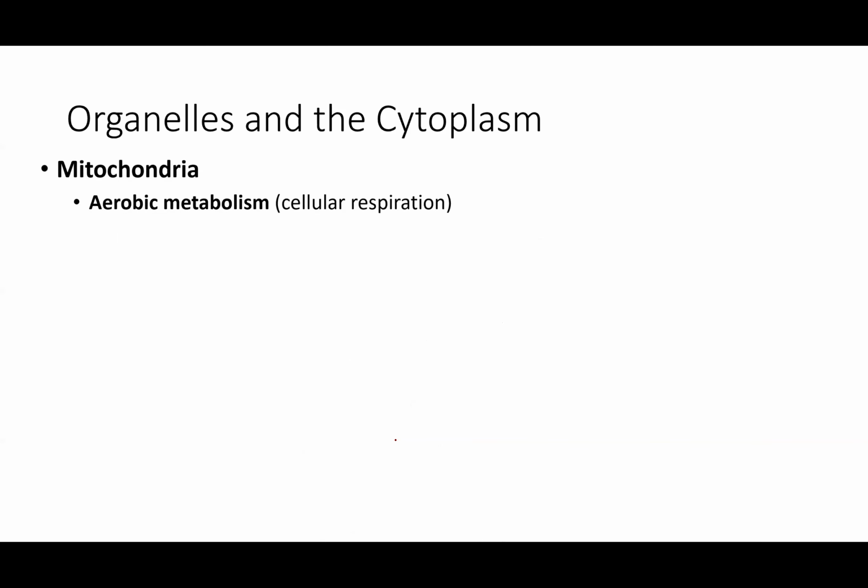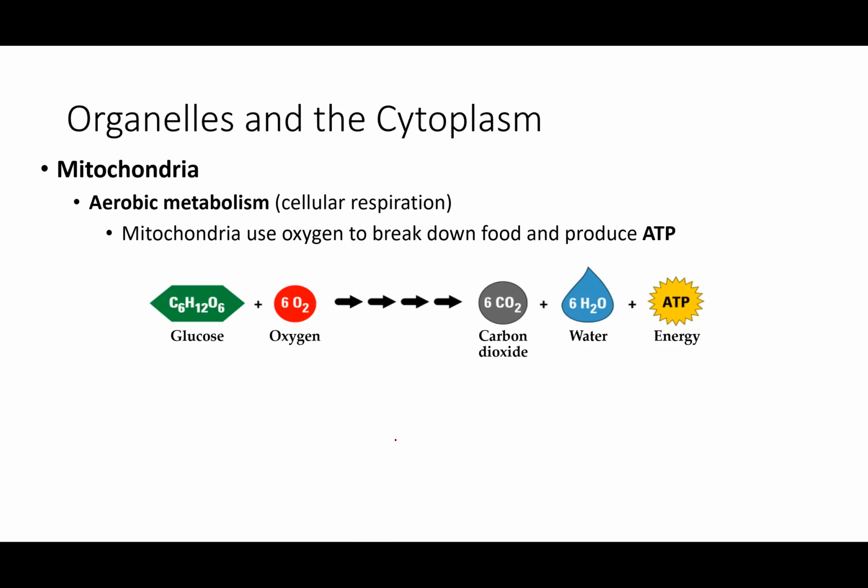Okay, the mitochondria functions with aerobic metabolism. Aerobic meaning it's using oxygen. So mitochondria use oxygen to break down food and make ATP. This is the general equation for aerobic metabolism.